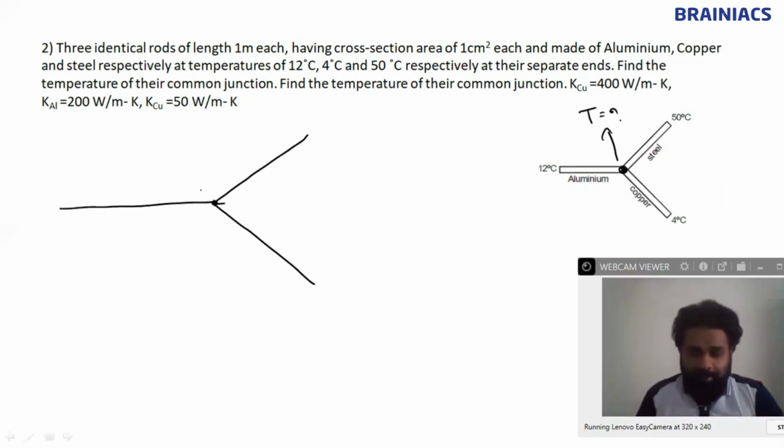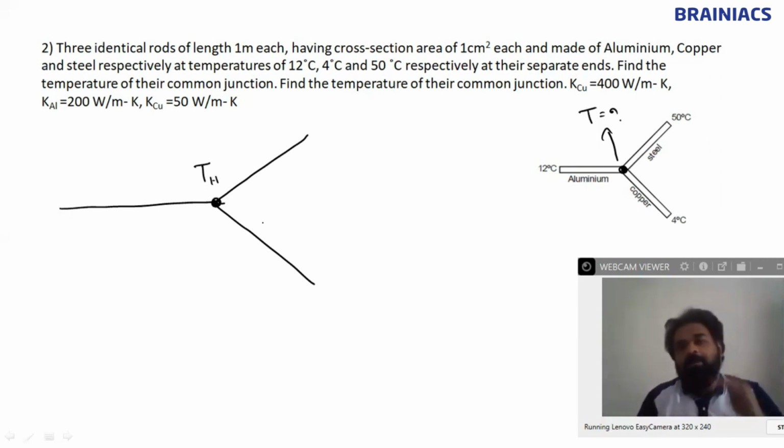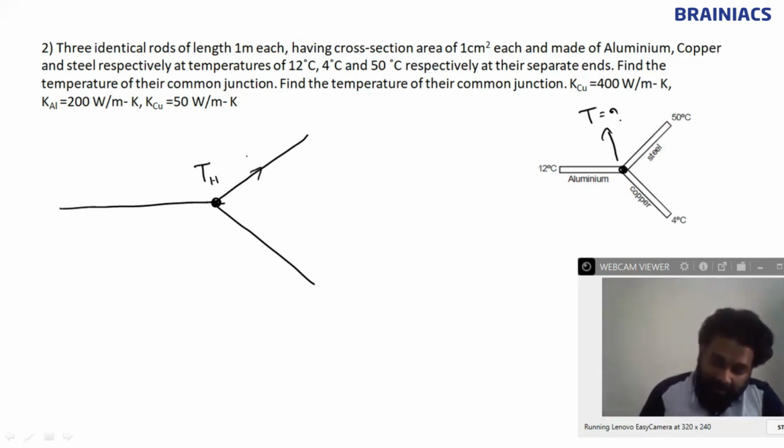Just for solving this problem, I assume that this junction is at the highest temperature. So I assume that heat currents will all be flowing in the outward direction.